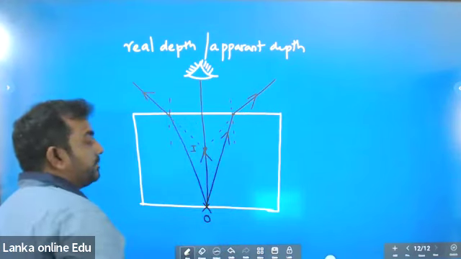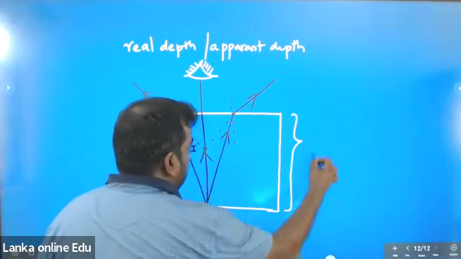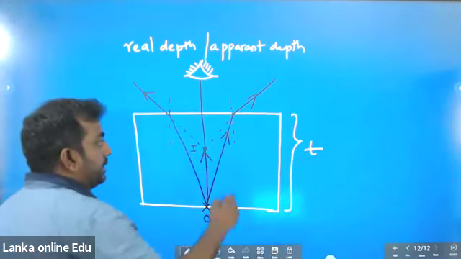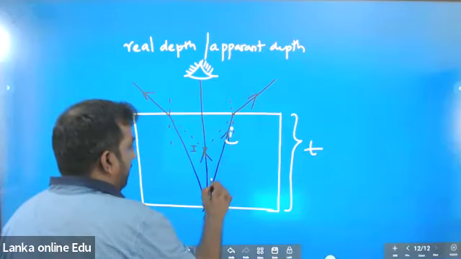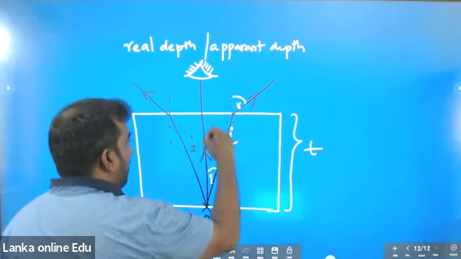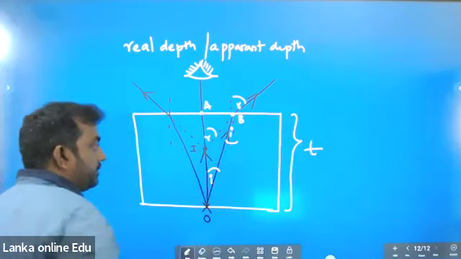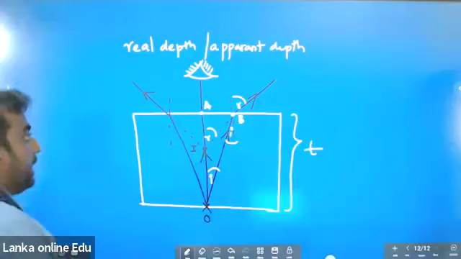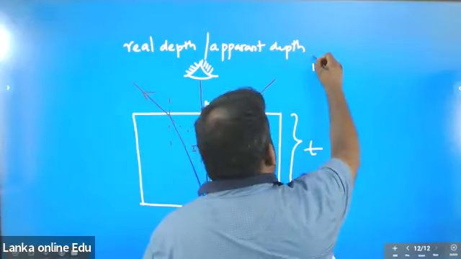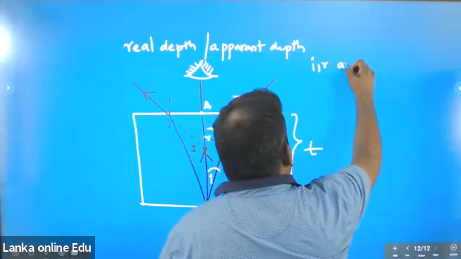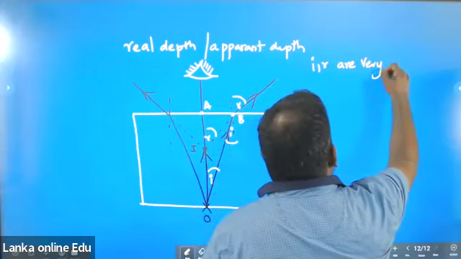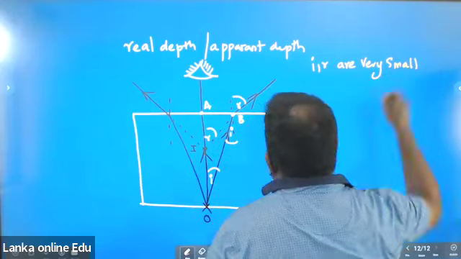Look at this carefully. This is your real depth. If this angle is I, this angle is also I. If this angle is R, this angle is also R. Here you have A, here you have B. I and R are very small.